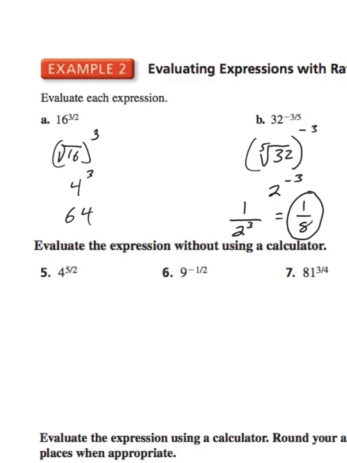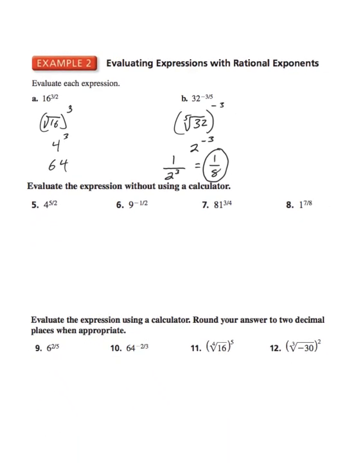So let's recall again that a negative exponent is telling us that we can make it positive if we move it to the other side of the fraction bar. Okay? So let's go ahead and impress me by seeing if you guys can figure out 5, 6, 7, and 8.